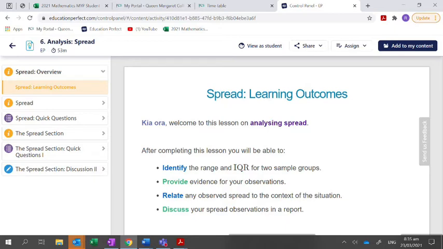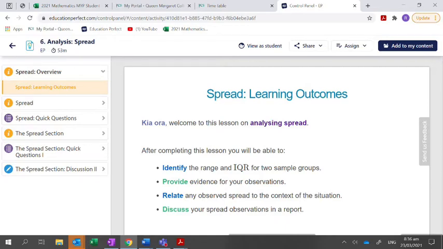For you guys, for example, let's say on the last paper, the range was only from high excellence to high merit. That's a very small range, yes? Which means there was very little variability. But say it went from high excellence to not achieved. That's a big range, so there was a lot of variability in the grades.